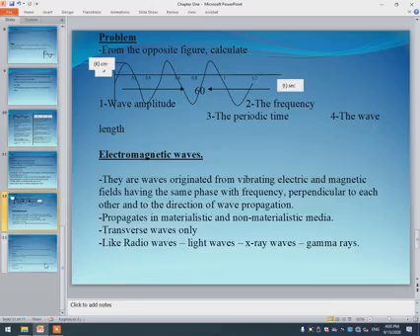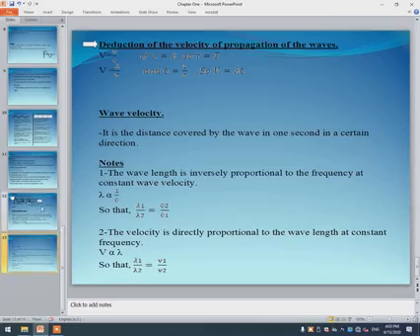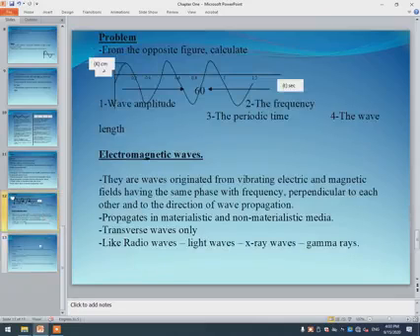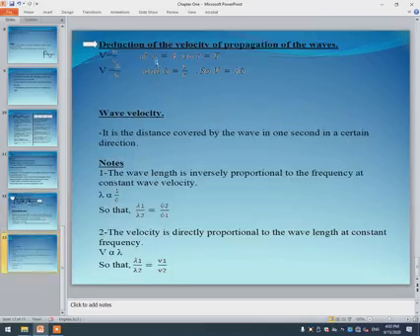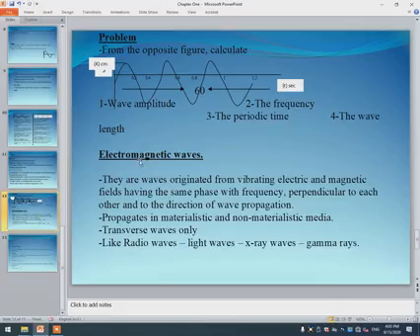The last part here, the electromagnetic waves and the wave equation. This equation is very important. Here, notes about the electromagnetic waves. They are waves originated from vibrating electric and magnetic fields having the same phase with frequency, perpendicular to each other and to the direction of wave propagation.